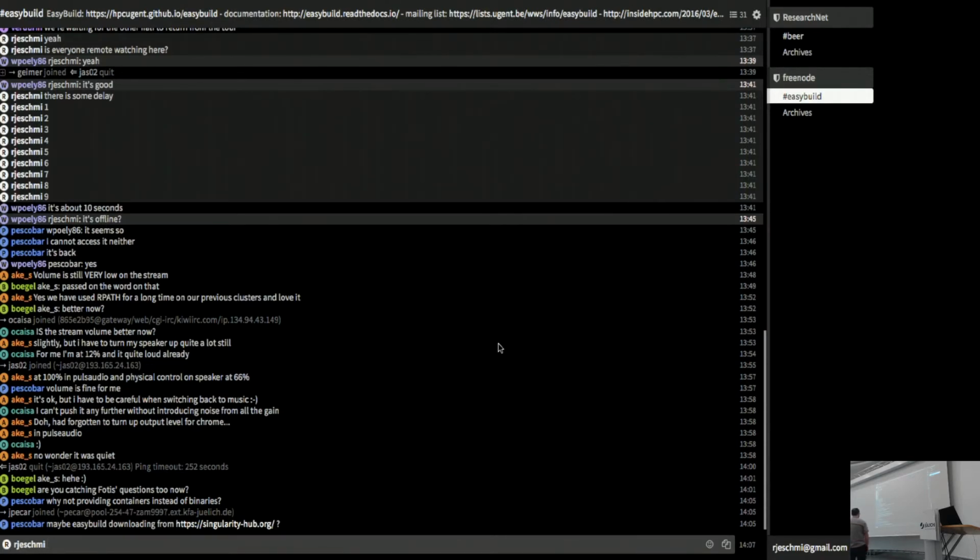Yeah, downloading, so he's got, why not provide containers instead of binaries? Actually, FPM supports writing out a container, you can take a directory and write out their format too.